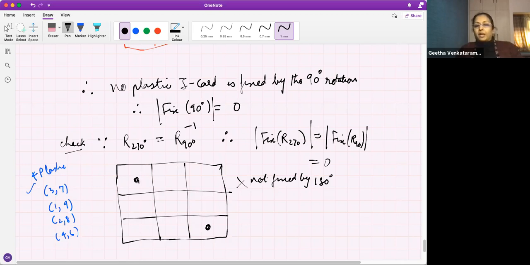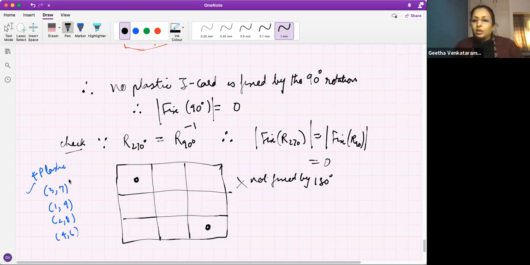So for every point that I choose in these outer grids, there's exactly one other point where I can place the second hole such that the 180-degree rotation actually works. And so you'll see that I'll only get 1, 9, or I'll get 3, 7, or a 2, 8, or a 4, 6.